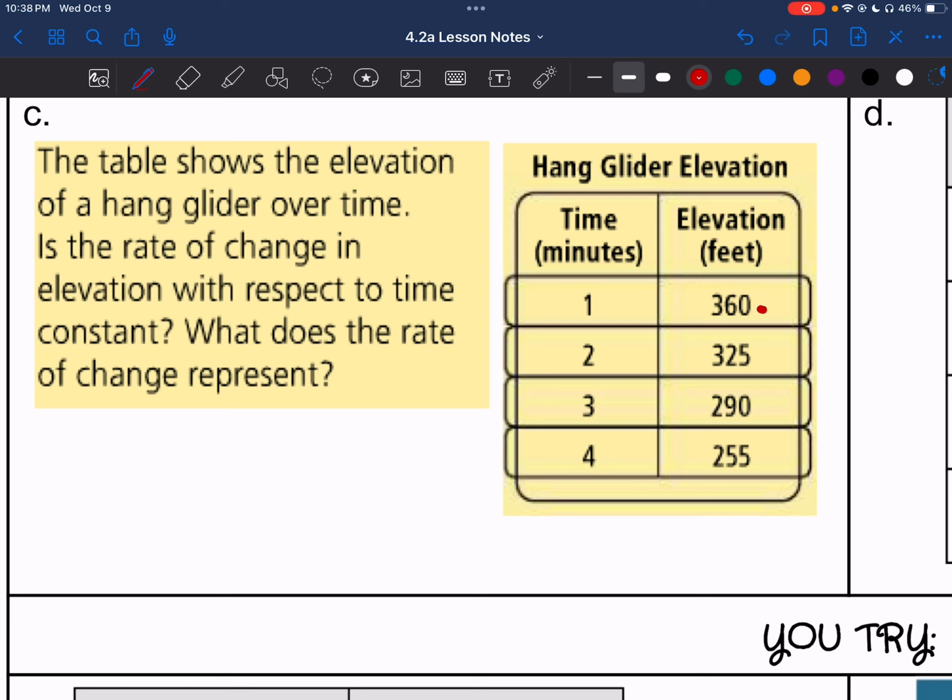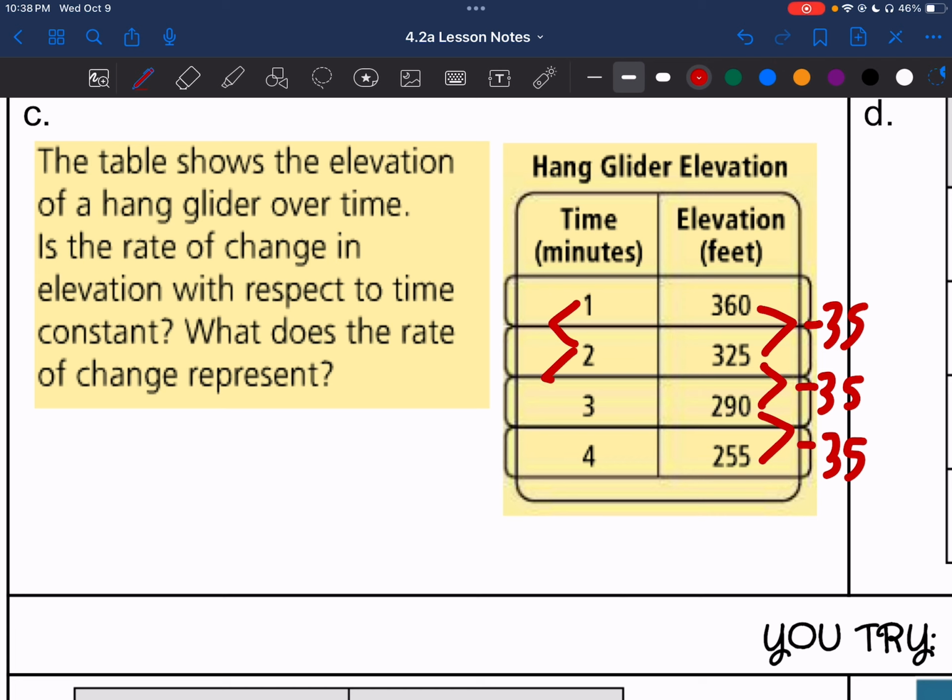So if we look here, we are going from 360 to 325. That's minus 35 feet. And then we're going to do minus 35 feet again to go from 325 to 290, and we subtract 35 again when we're going from 290 to 255.